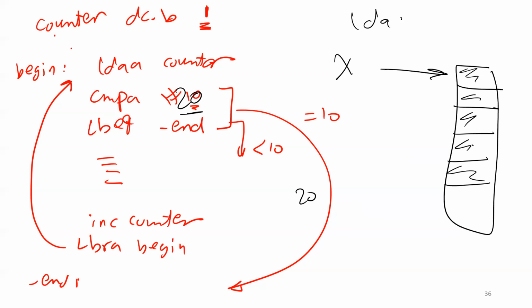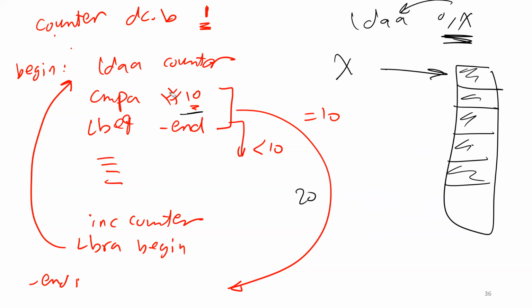You can say load accumulator A 0,x, as we did before. By this way, I'm going to read the location pointed by x. Is that okay? Every iteration I have to increment x, so that in the next iteration it points to the next element. Is that okay? This is one way to do it.